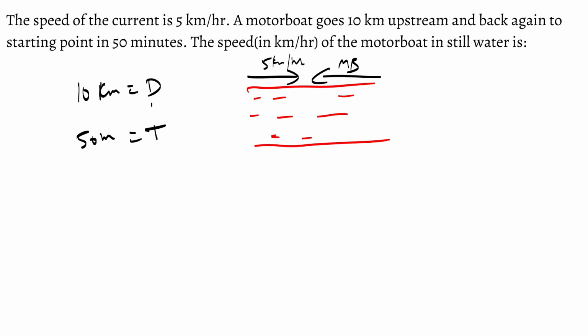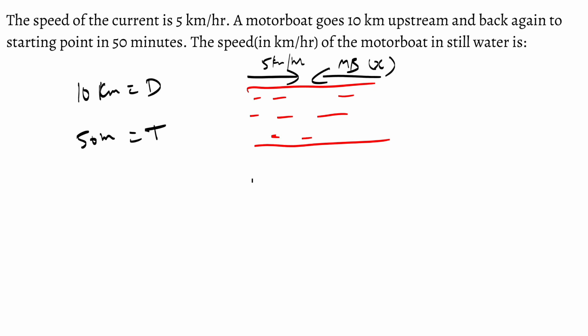So the distance is constant. The upstream distance and downstream distance are both 10 kilometers. Now, the speed of the motorboat in still water is what we need. We know the speed of the stream is 5 km per hour, but we do not know the speed of the motorboat. Let it be x.